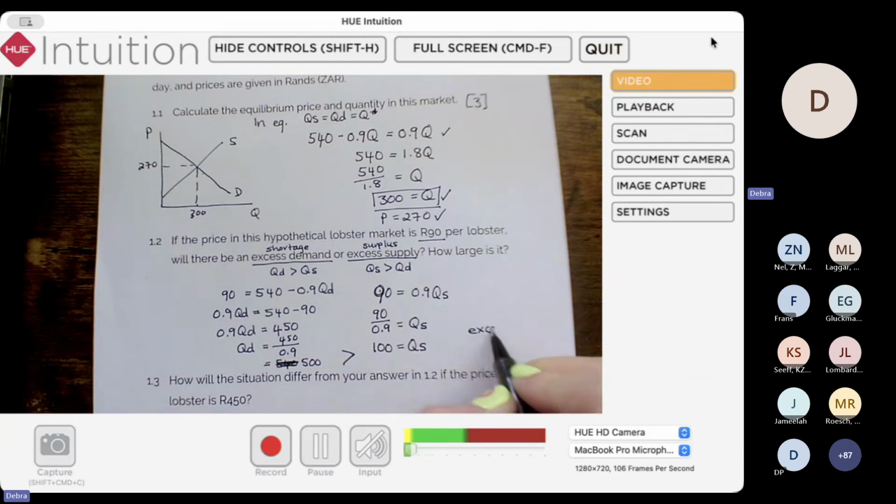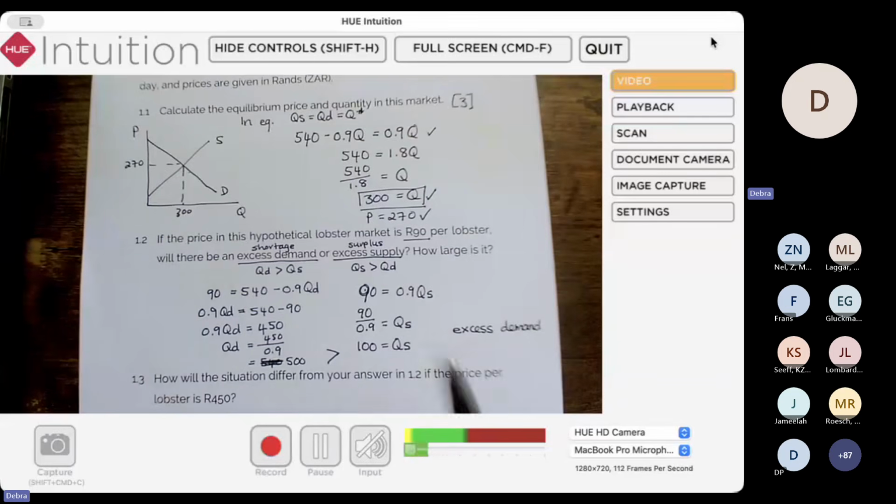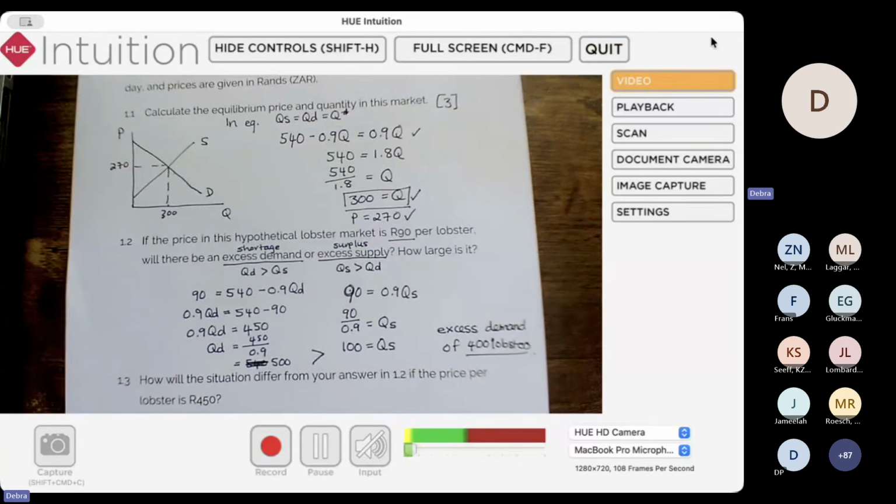So there is an excess demand. Demand exceeds supply at this price of 90. And there's an excess demand of 400 lobsters. So that is the excess demand when there is a price of 90.